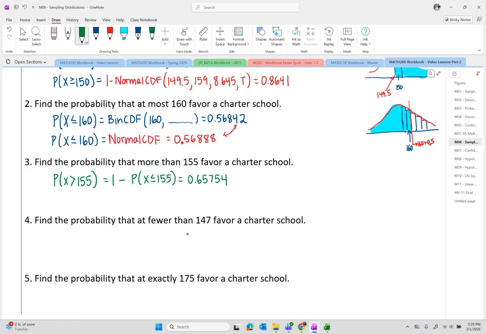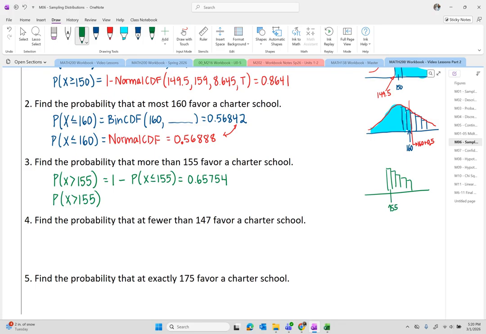And when I do it with the normal distribution, these are the rectangles in the binomial distribution, and this is my 155.